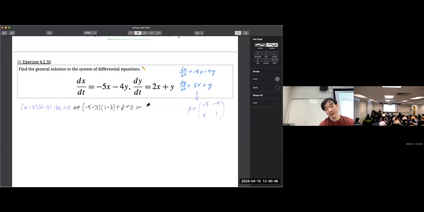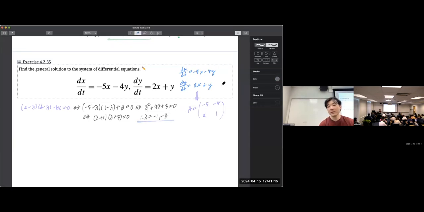And this ends up becoming lambda squared plus 4 lambda plus 3 is equal to 0, which is the same as lambda plus 1 times lambda plus 3 is equal to 0. So you'll get that lambda is equal to -1 and -3. Those are your 2 eigenvalues.